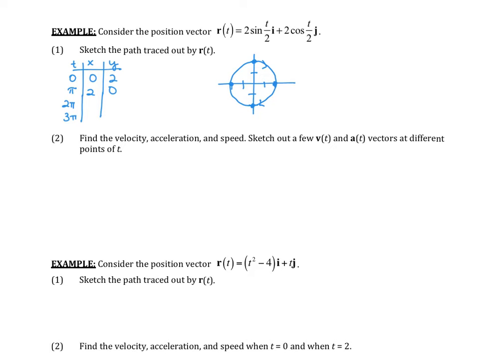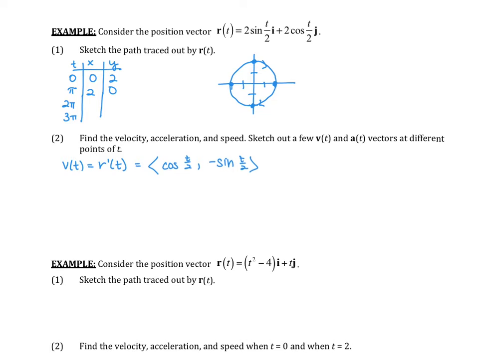Okay, now it does ask us to find the velocity, acceleration, and speed. So we know that velocity is the derivative of position. So for us, that would be 2 cosine of t over 2 times a half, which gives us just cosine of t over 2, and then negative sine of t over 2.